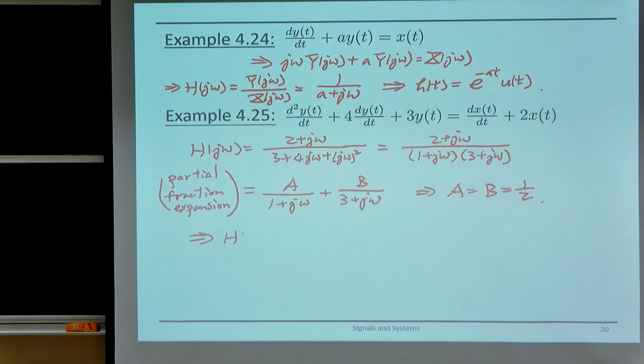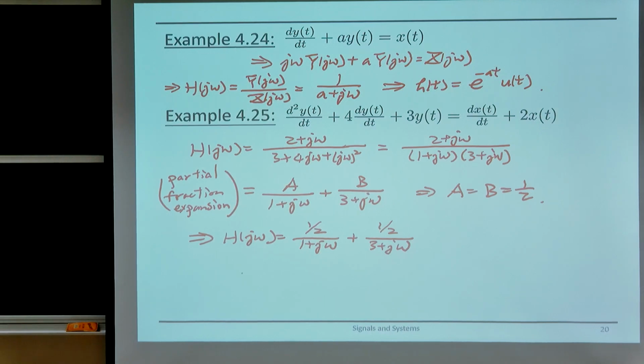Okay? So if you plug this in, you'll get H(j omega) equal to 1/2 times 1 over (1 plus j omega), plus 1/2 times 1 over (3 plus j omega). And then again, these are in the form that we are very familiar with, right? The inverse Fourier transform of these are just single-sided decaying exponentials.